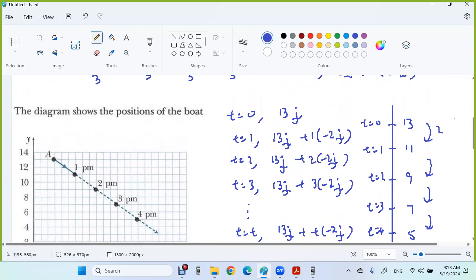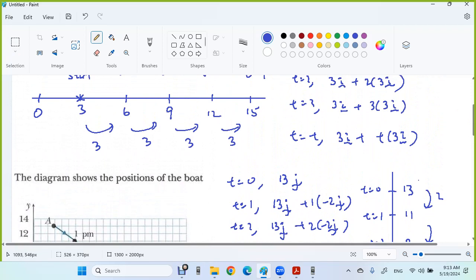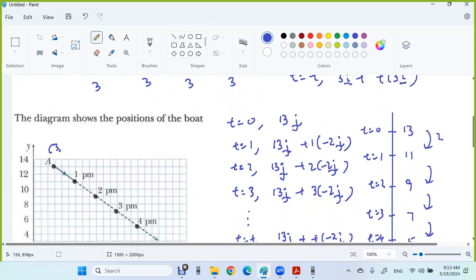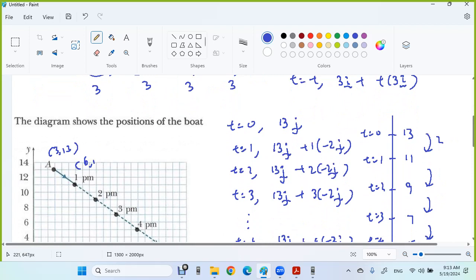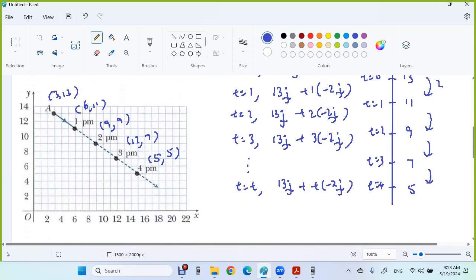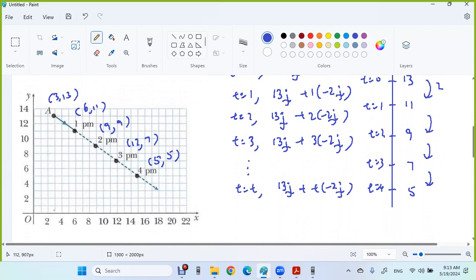So we can see that (3, 13) is the first, then (6, 11), then (9, 9), then (12, 7), and (15, 5).